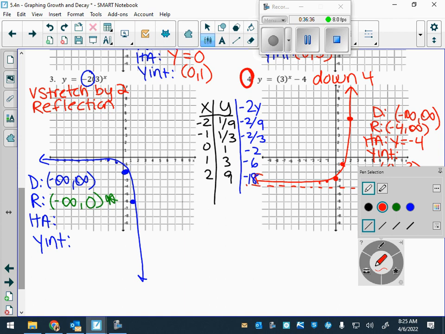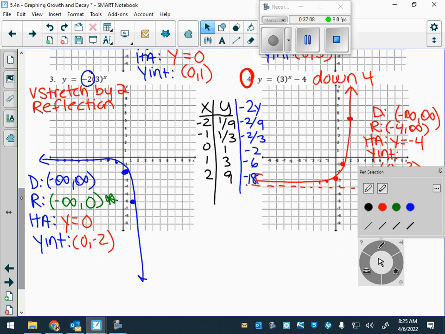What is our horizontal asymptote? Y = 0. Still the same. What is our y-intercept? Go ahead. 0, -2. Okay. So we went through exponential growth and decay graphing functions.